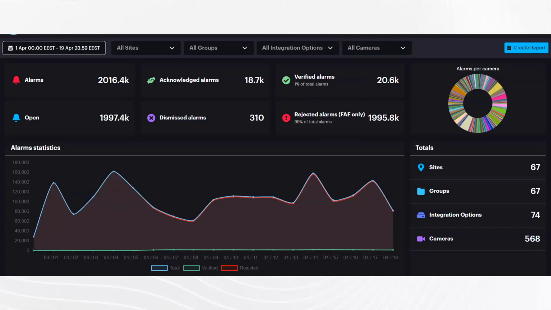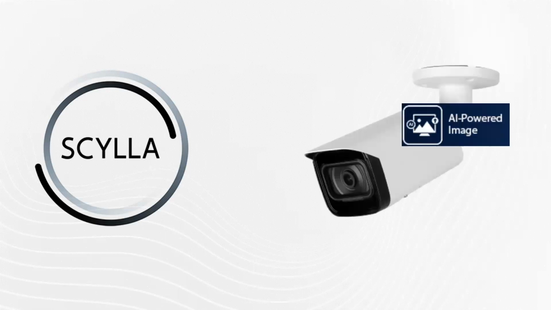But this is probably the answer that you were looking for, because probably you are wondering, okay, video analytics, Scylla, what is the difference between the analytics that Scylla is providing and the analytics that you have built into the cameras? Because you can just put an NVR there, right?